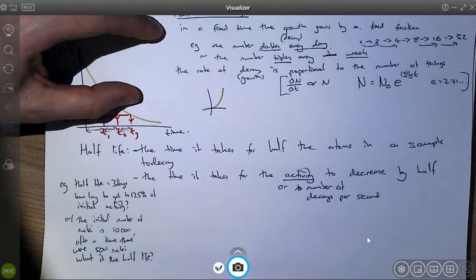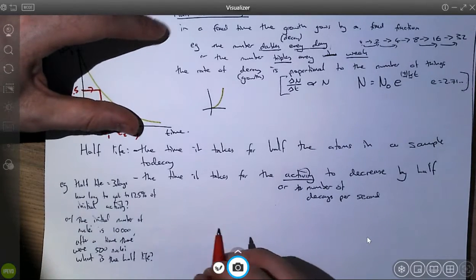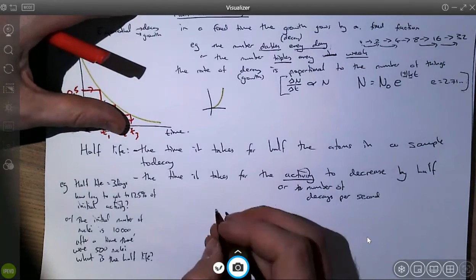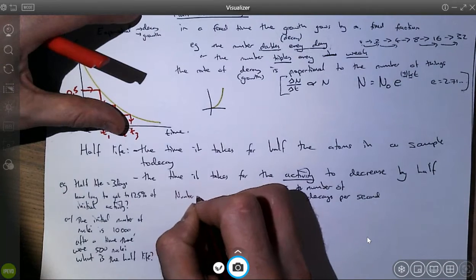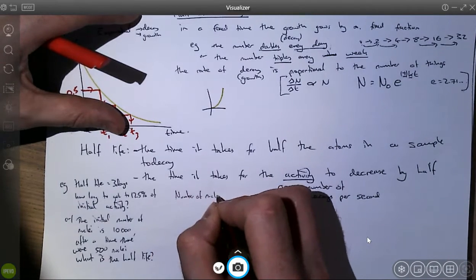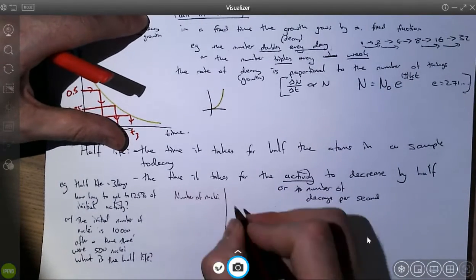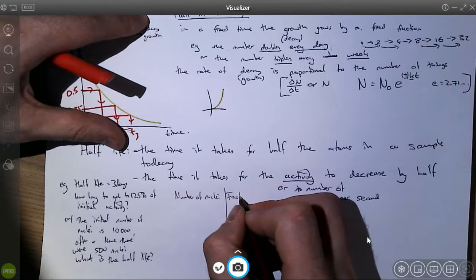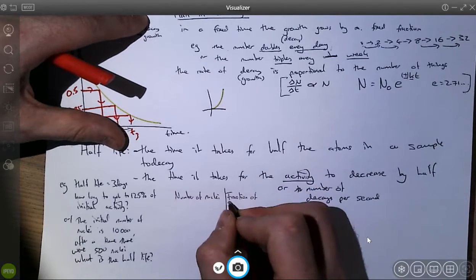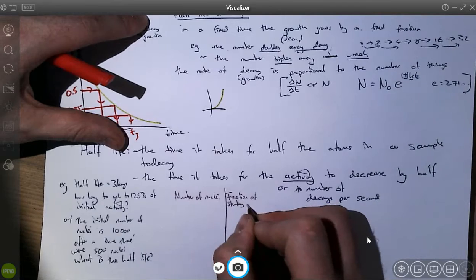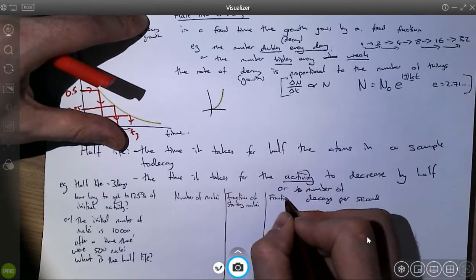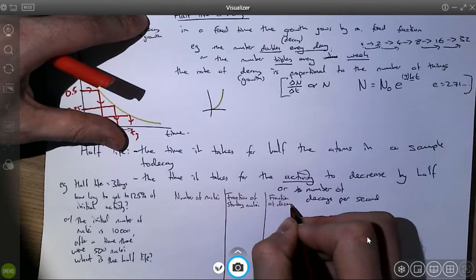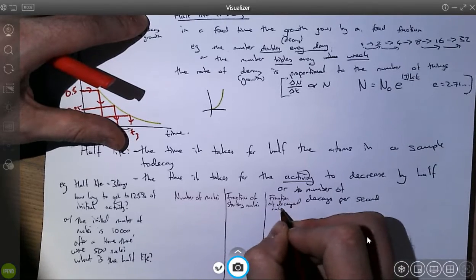Whatever the question, I would basically get them to make a simple table. So I would get them to say something like number of nuclei, maybe fraction of starting nuclei, fraction of decayed nuclei.